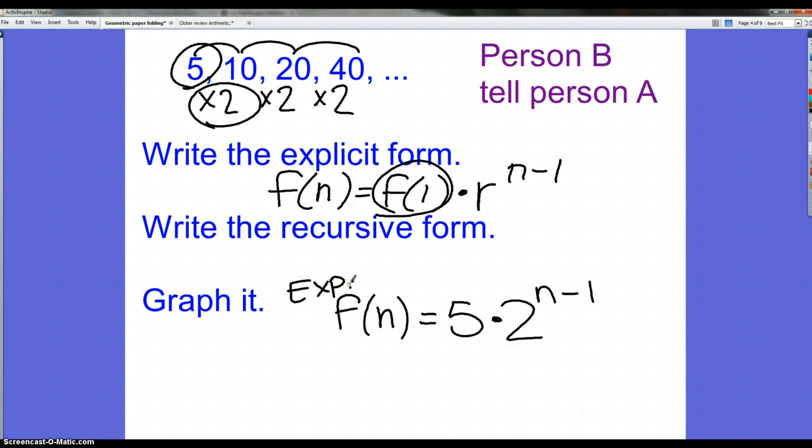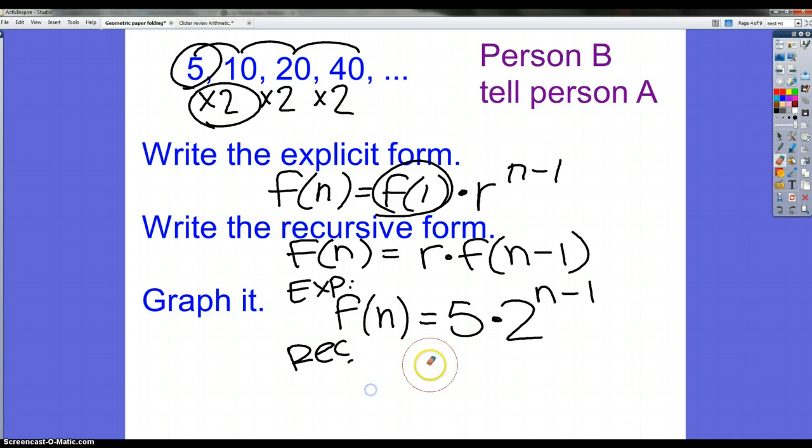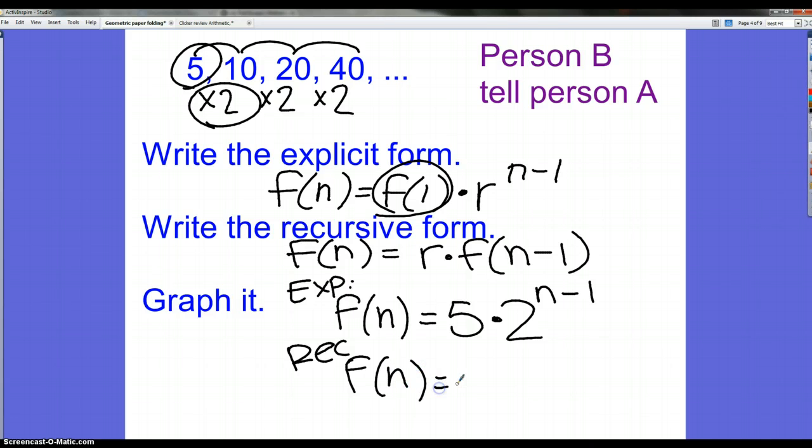Recursive would be, the general form is fn equals r, the number that you're timesing by, times the previous term. So what do you times by to get the next number? So recursive is fn equals 2 times the previous term.